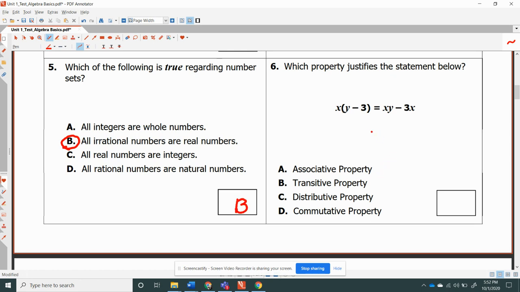So which property justifies the statement below? That's the distributive property. We multiplied x times y to get xy, and we multiplied x times -3 to get -3x. So x times y, let me go over that again.